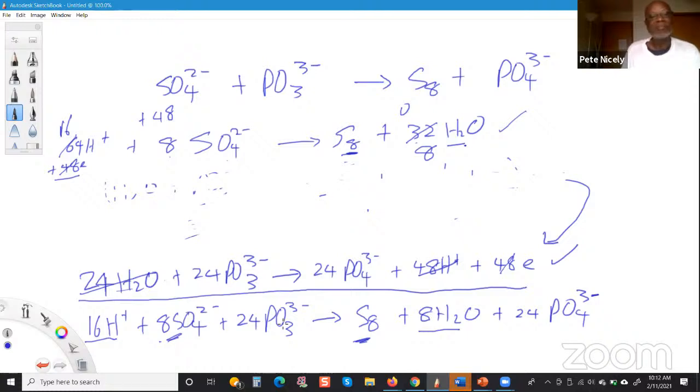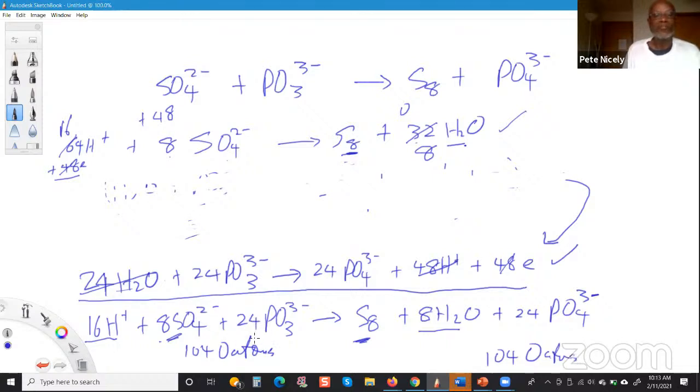So according to this, we have a total of 104 oxygen atoms on this side. And then we do the same thing for the right side. So you have 8 oxygens here, and then 24 times 4. So let me do that. 24 times 4 plus 8, 104 oxygen atoms on this side. So the oxygens are balanced.